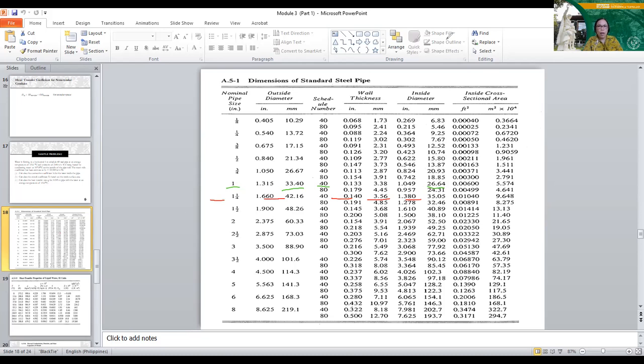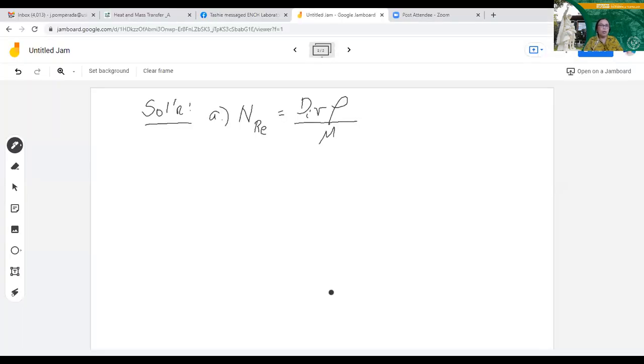So let me go back to our Jamboard. This is our Jamboard now, and we will write the values that we have read in the tables shown to you a while ago. So for the inside diameter, class, we'll have 0.0266. This is already in meters, previously read in millimeters.